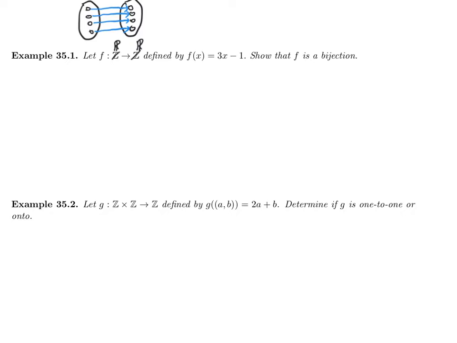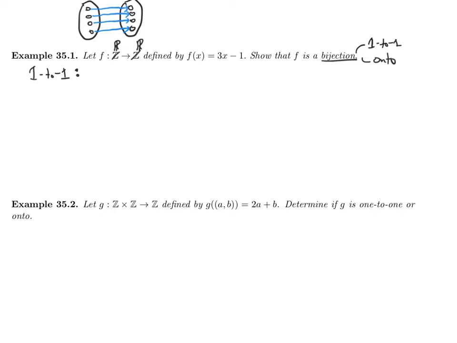So remember, if something's a bijection, that means it's one-to-one and it's onto. So we have to show 2 separate things here. So let's start with one-to-one. So to show something's one-to-one, basically the technique is exactly what you expect.